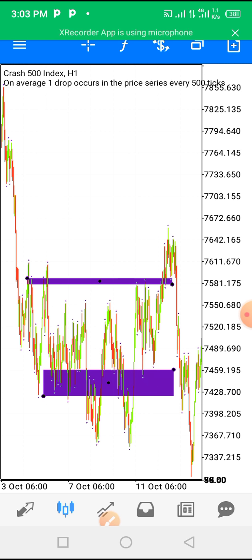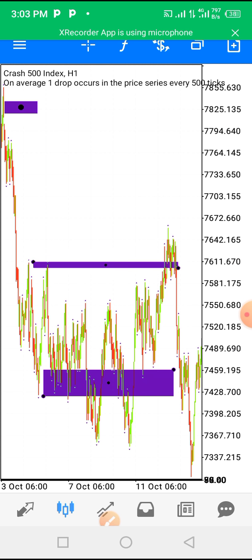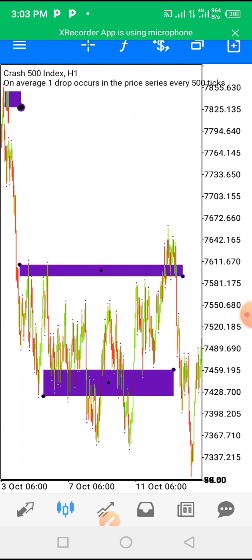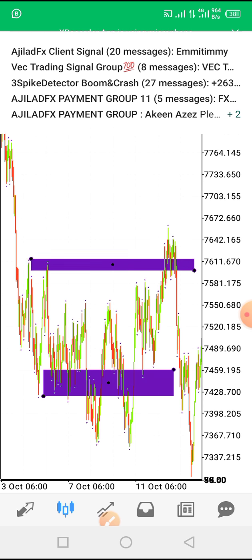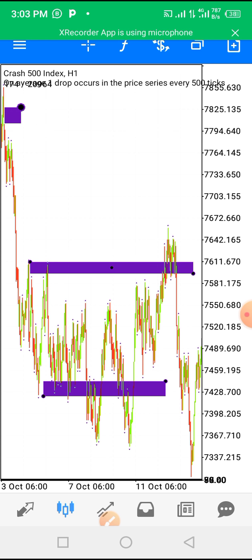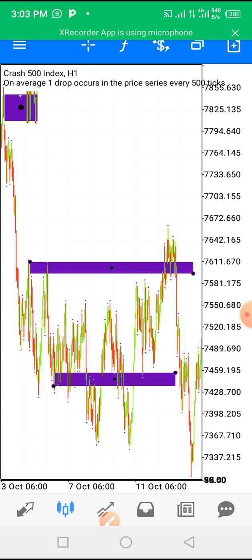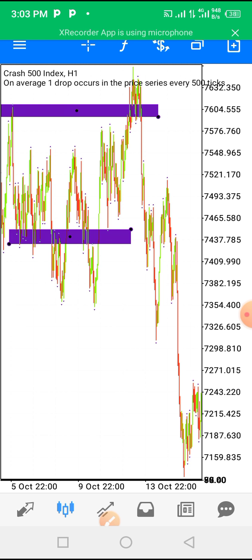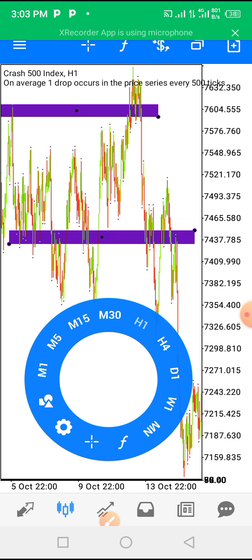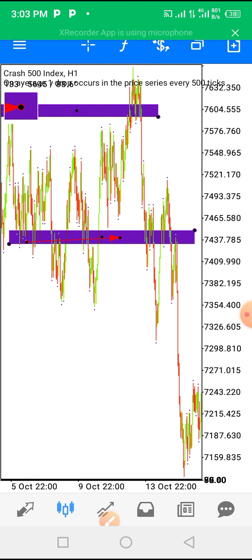So there is a resistance force that does not allow the price of the market to go beyond above, or beyond below, and we call that situation a ranging market.